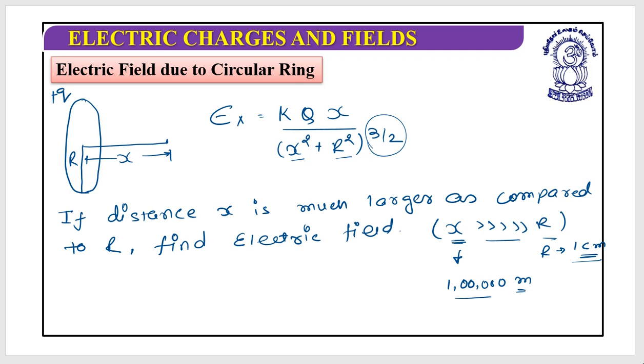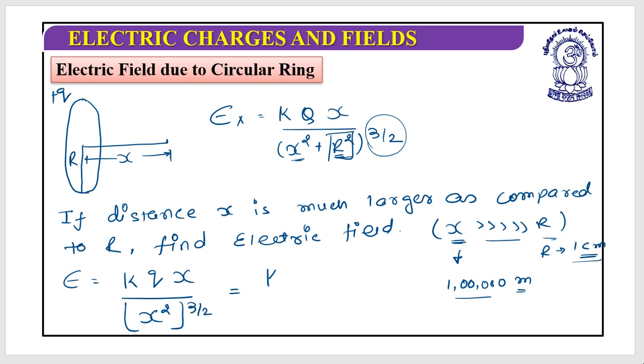What you are going to do is drop this x square plus r square. That means you are going to drop this r square only, because it does not have any significance as compared to the x. So what would it be? E is equal to k q x divided by x square to the power 3 by 2.